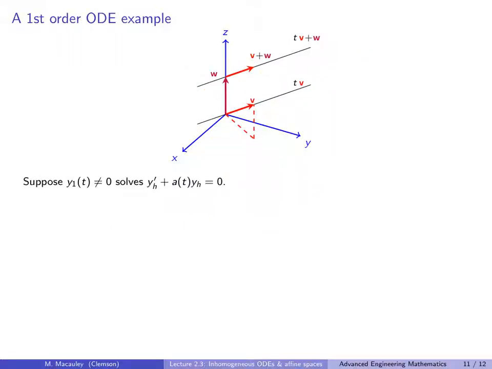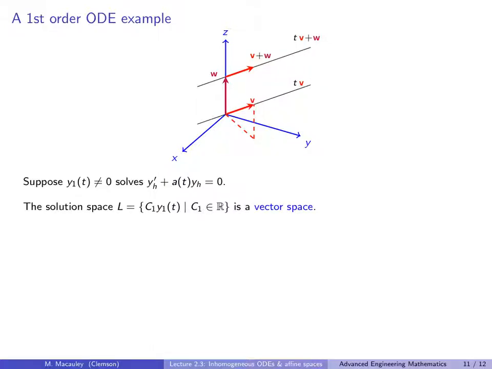Now I want to do a similar example, but with ODEs. I'm leaving the picture in here to give you the hint of the same geometric structure. So now suppose we have a non-zero function y1 that solves a homogeneous equation, yh prime plus a of t yh equals 0.